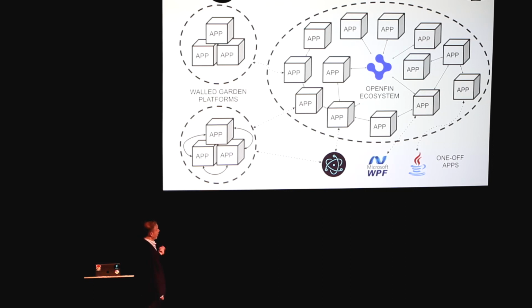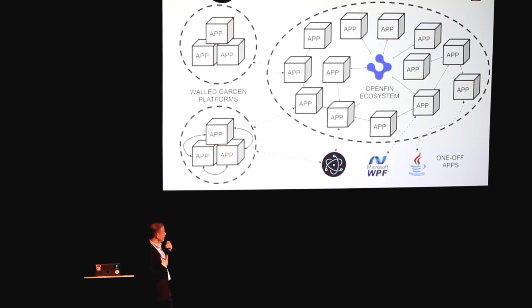This is the world before FDC3. This is a strong reason why we created FDC3. You had walled gardens that provided interop within their walls. These might be Bloomberg, Refinitiv, ICON, et cetera. You then had companies like OpenFin that provided a message bus and platform for applications to run.